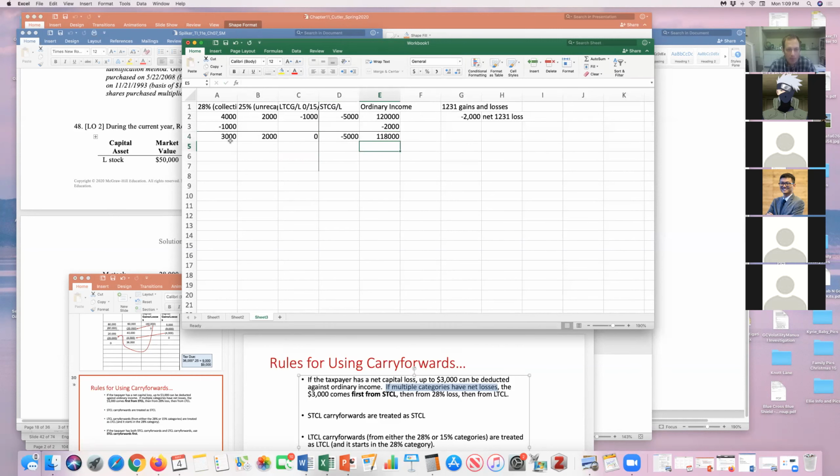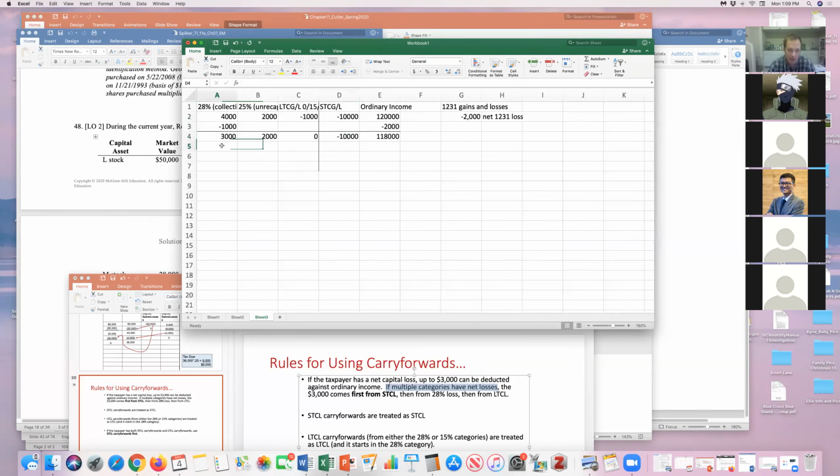Now that I don't have any long-term losses, I just have this short-term loss. Let me make it a little bit bigger just to make it more interesting. What if it was 10,000? Now I have this short-term loss, and it can go over here.